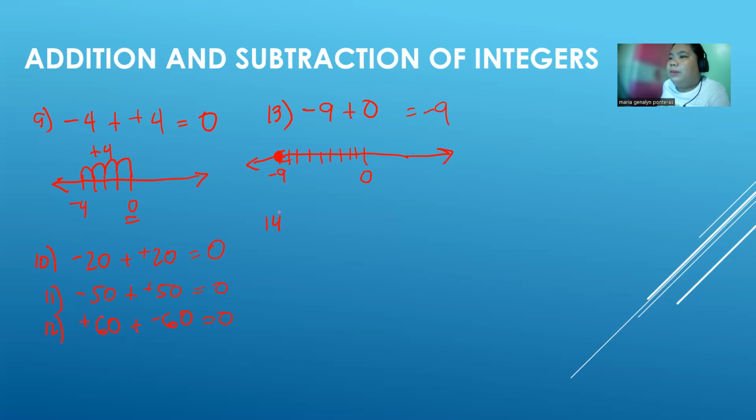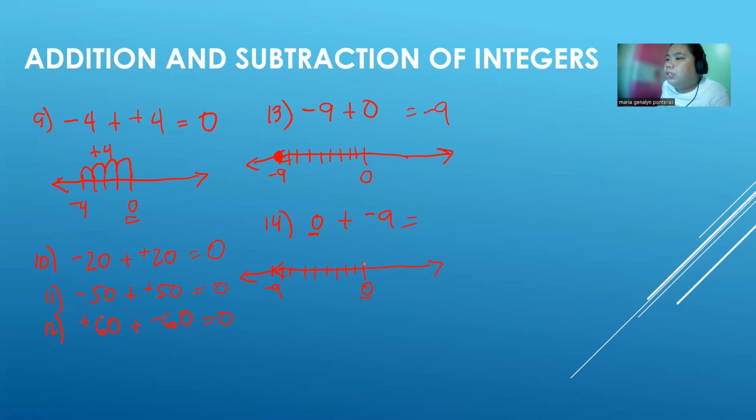Pero, if we're going to represent 0 plus negative 9, so let's say this is 0. 1, 2, 3, 4, 5, 6, 7, 8, 9. Negative 9. So we start from 0.